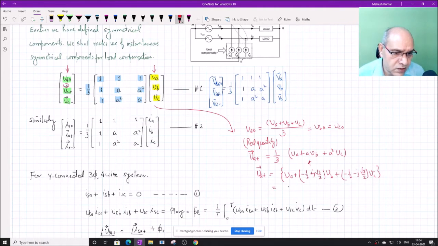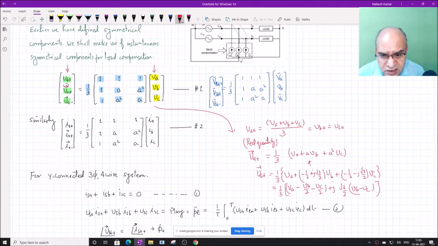1 by 3 is common, and this is VA minus VB by 2 minus VC by 2, which is the real quantity, plus j root 3 by 2 into VB minus VC. So you see that it consists of real and imaginary components.